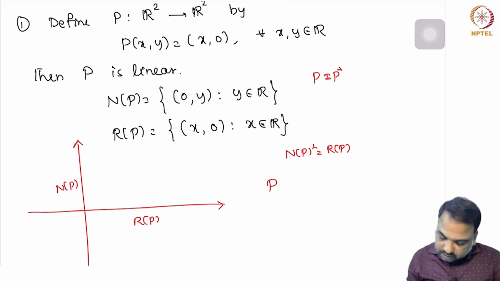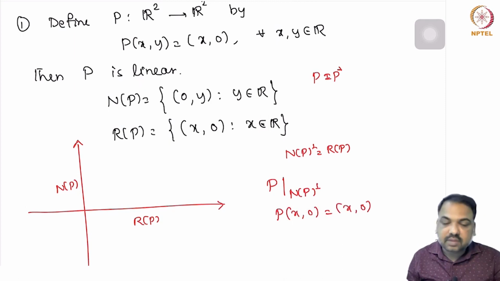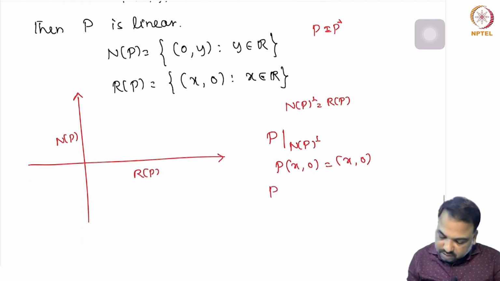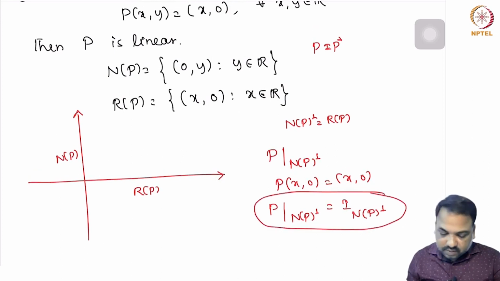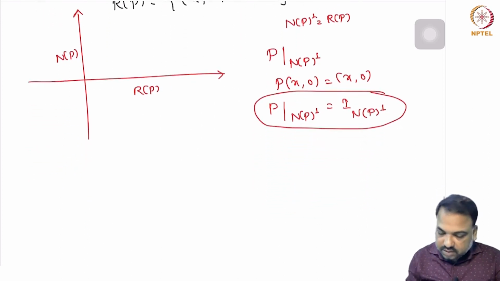So P restricted to the null space of P perp, that means when we restrict P to the x-axis, it is of the form (x, 0), it sends (x, 0) to (x, 0) only. So P restricted to the null space of P perp is the identity map onto the corresponding space. On the remaining space it is 0. Hence since this is an isometry, we can say that this is a partial isometry.